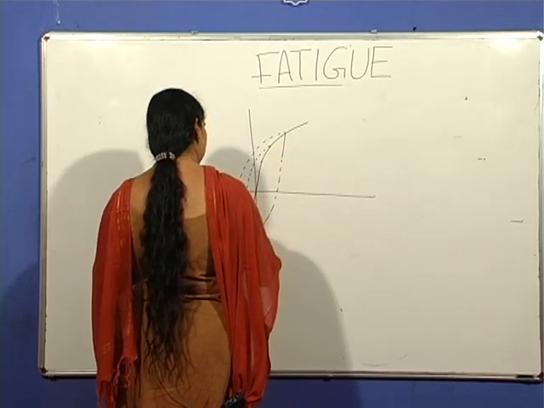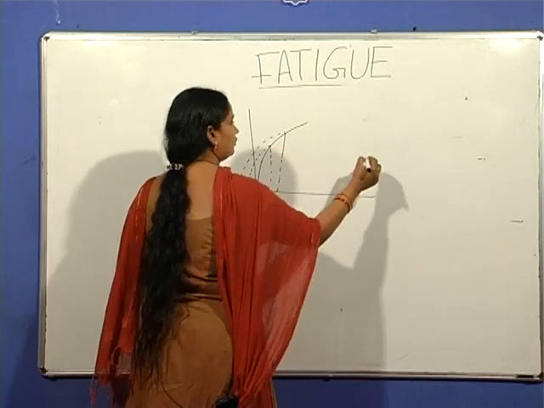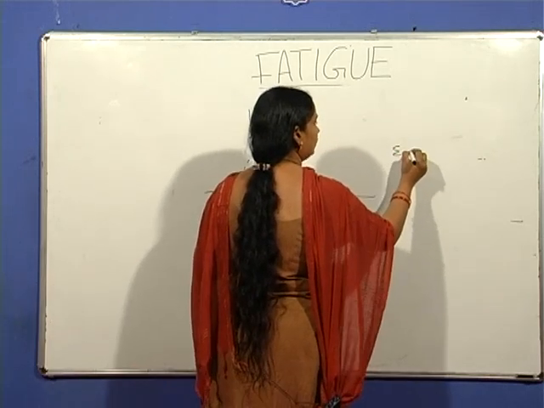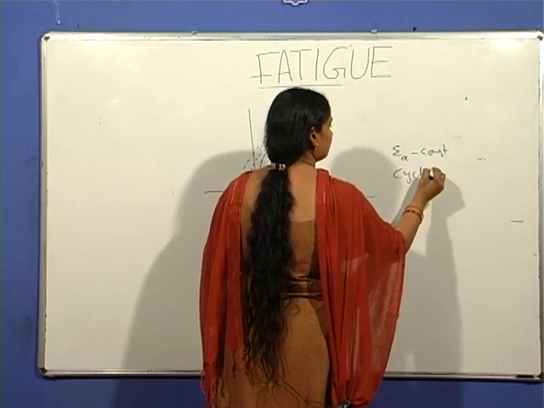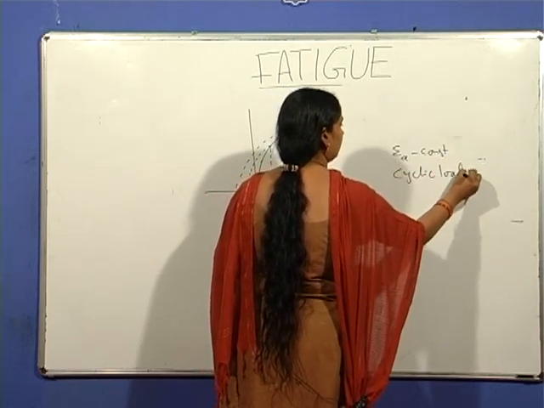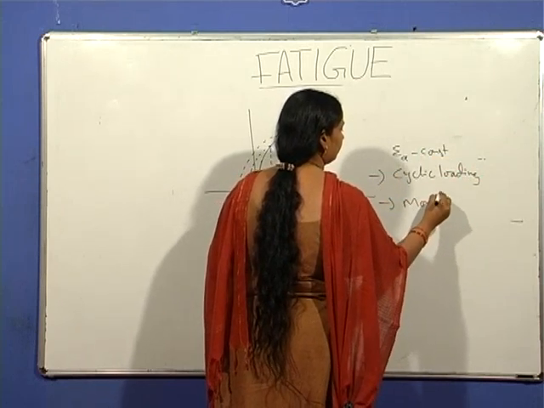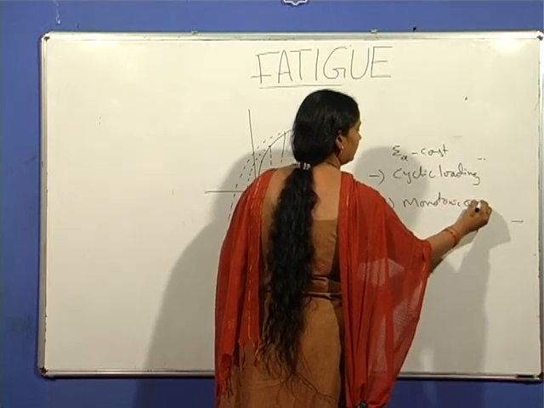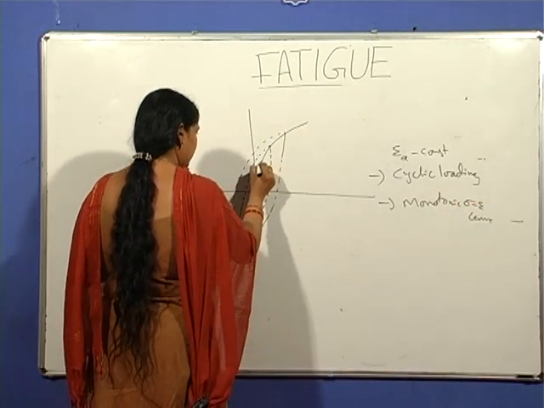Both the graphs are superimposed, that is for the case of strain amplitude which is maintained constant for cyclic loading and for the case of monotonic stress strain curve.